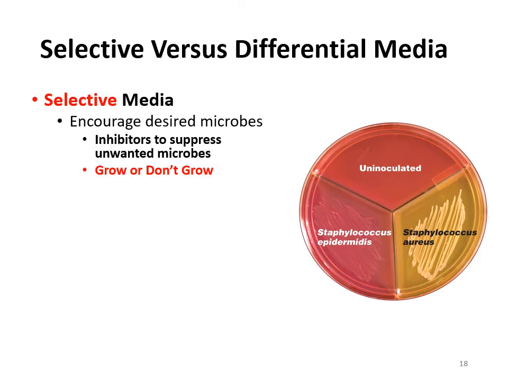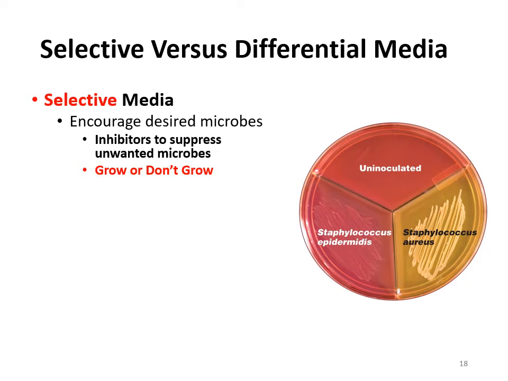So first we have the idea of selective media. Selective means you're selecting for something, so you will either see growth or no growth. There will be inhibitors in this kind of media that block certain bacteria from growing. The picture that we have on the slide, this plate here, is an MSA plate, mannitol salt agar.